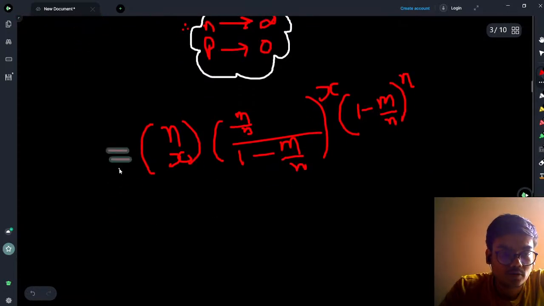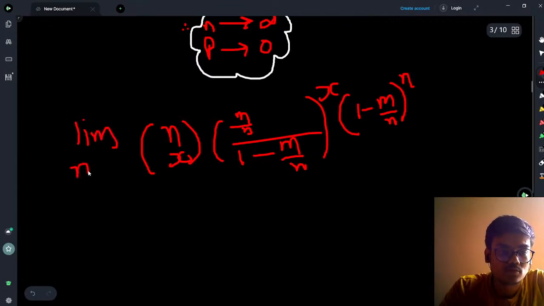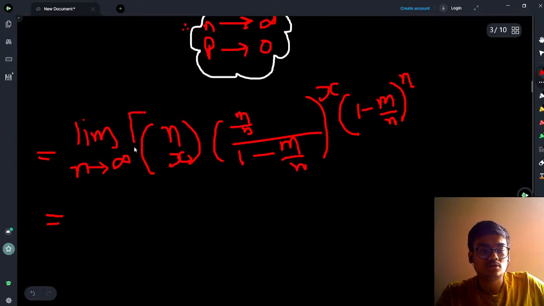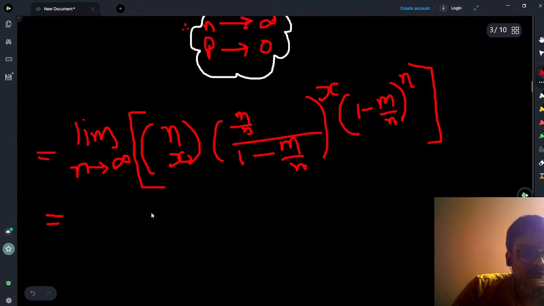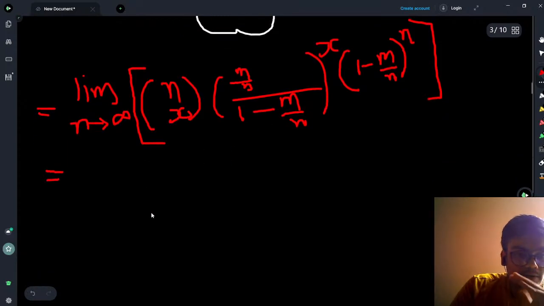Now we are putting a limit here, the limit n tends to infinity, to find the formula. We can give the limit to each individual term, so let's solve by giving the limit to individual terms.